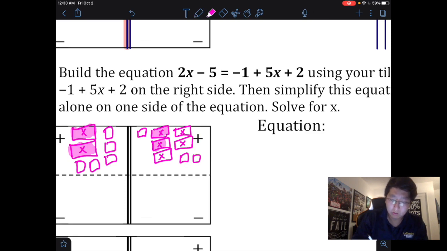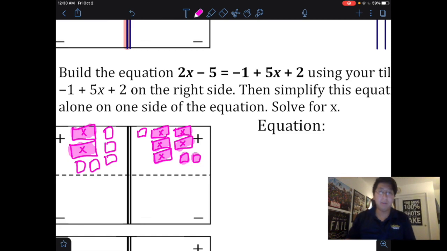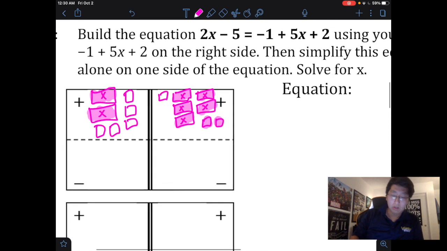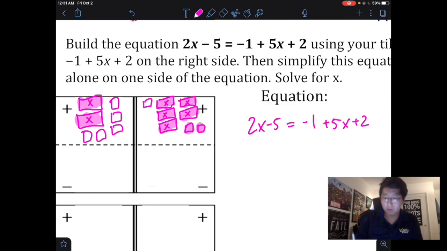So then you shade the 5x: 1, 2, 3, 4, 5x. And then plus 2. Notice that there is no opposite line here. So I'm going to go ahead and write the equation as well. 2x minus 5 equals negative 1 plus 5x plus 2.